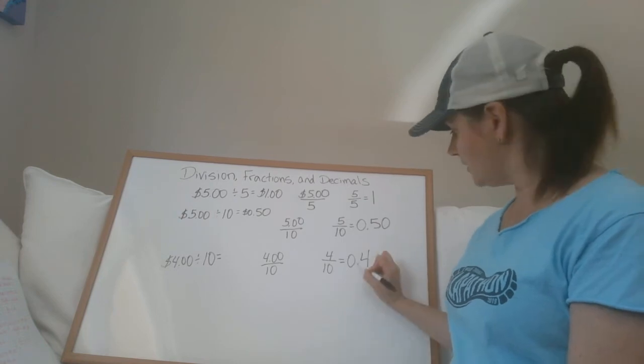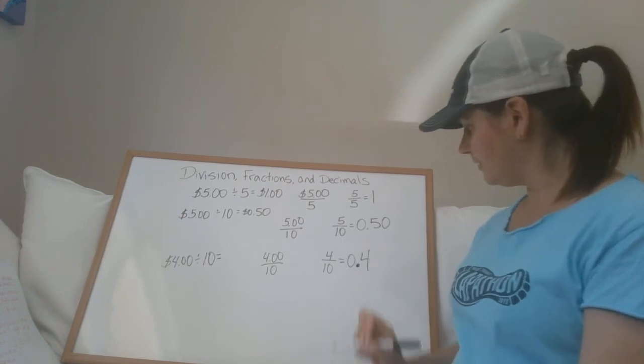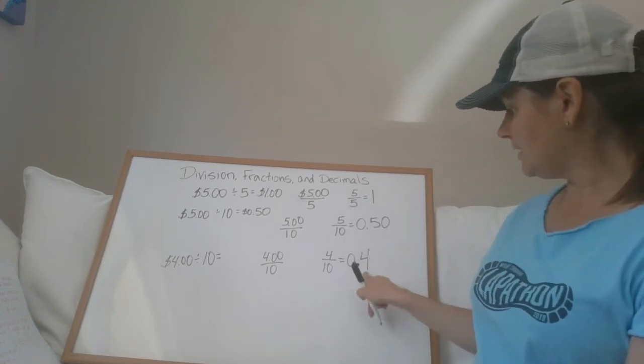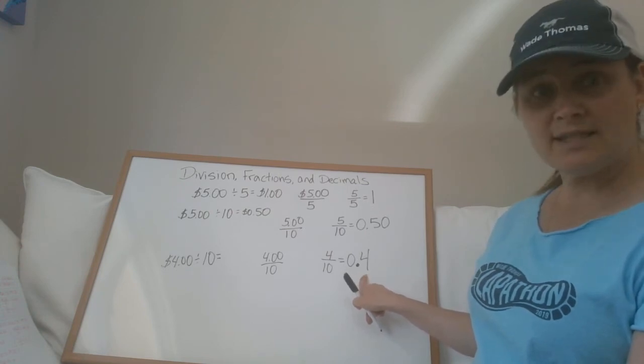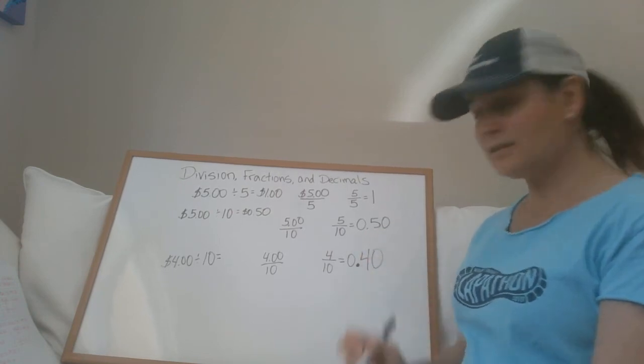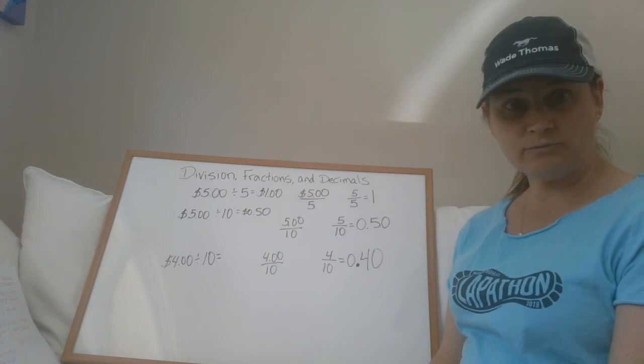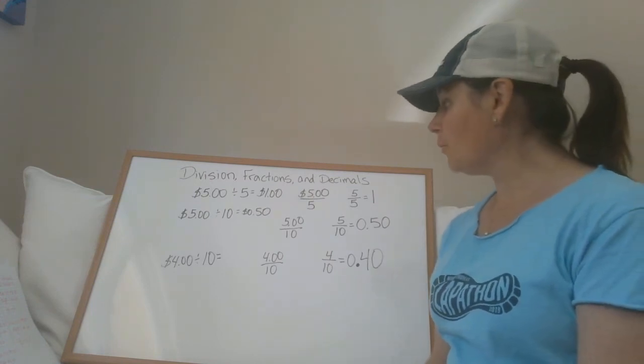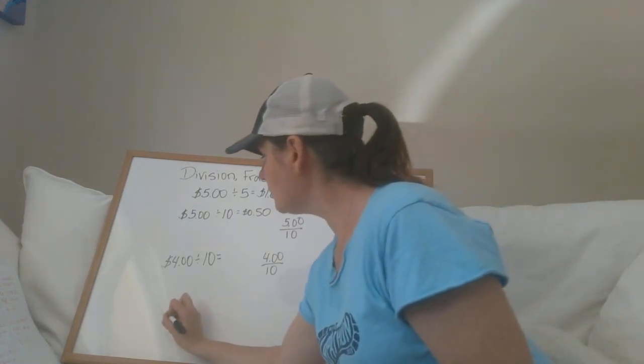See that? You're seeing this decimal right there? That's important. So then we can use this information to know, oh, 4/10 is the same as 40 cents. Write that down.